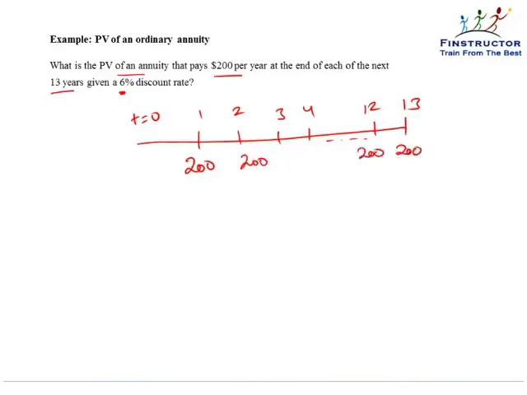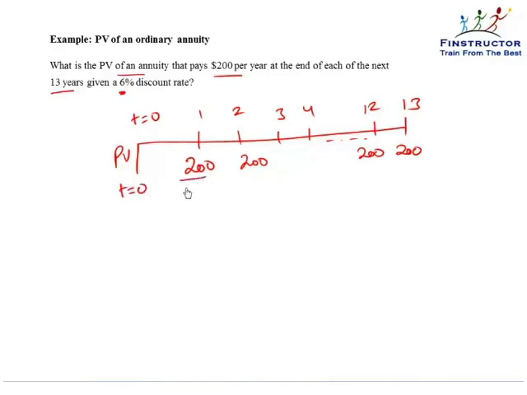So conceptually speaking, how will we solve this question? We know the TVM sheet will make it very easy for us, but please understand what is actually happening inside the TVM sheet. So the first cash flow comes at the end of year 1. If I am to compute the present value, or the value at t equal to 0, will it be less than 200?